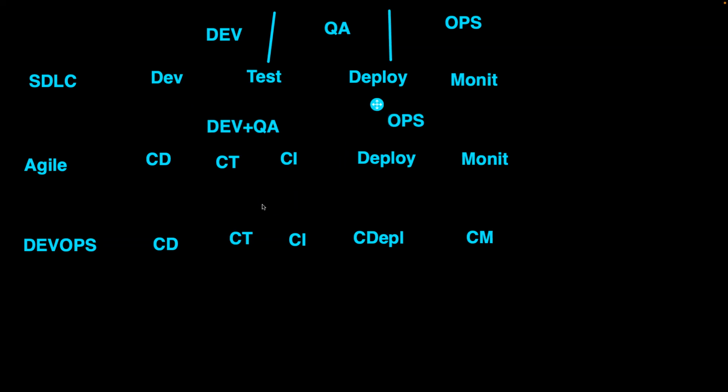Because of this continuous approach, developers, testers, and ops teams, which is nothing but the DevOps team, were brought together. Now they were working with a proper understanding, proper communication. Because it's a continuous process, it's a pipeline, so everyone should understand the pipeline.